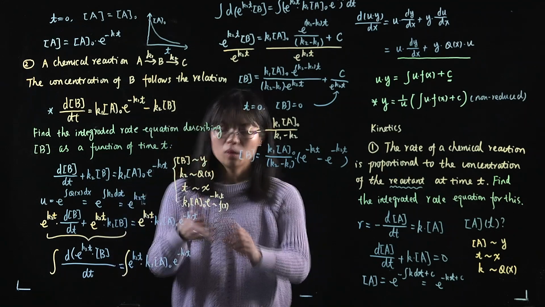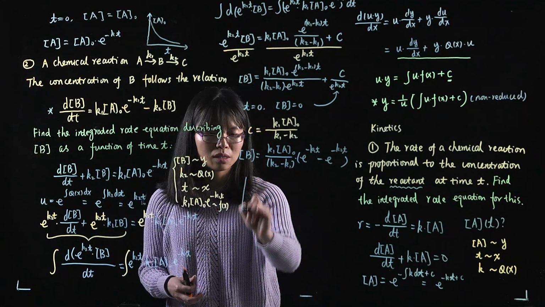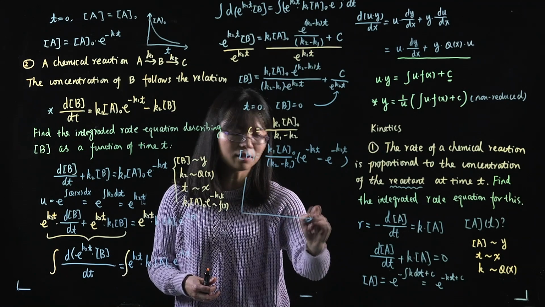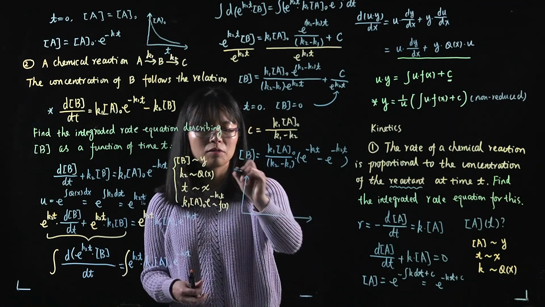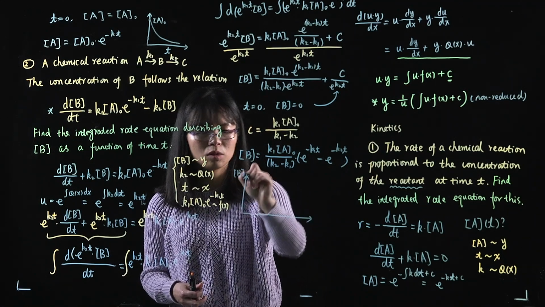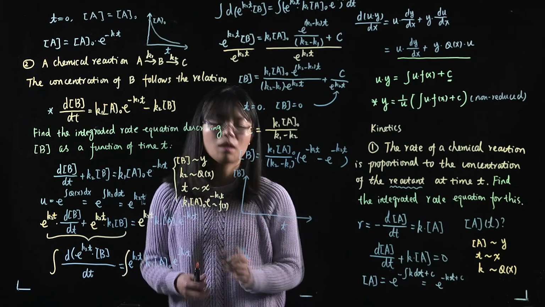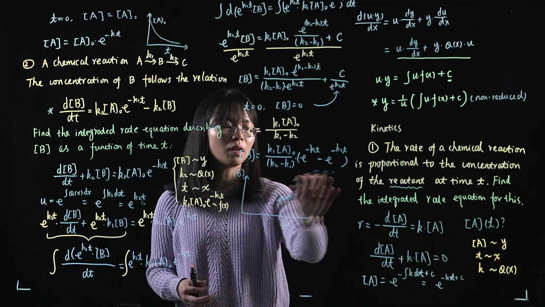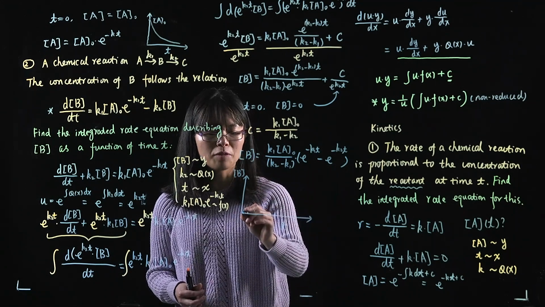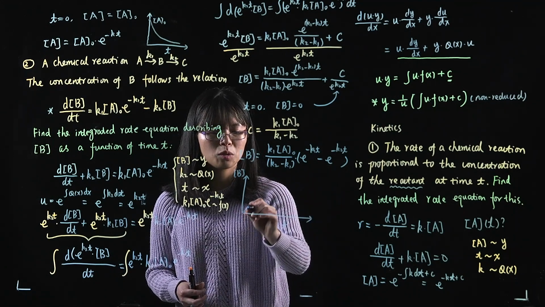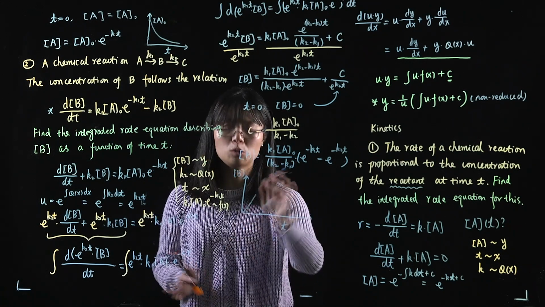To give you the chemical insight towards the plot of the concentration of B versus time t: we know that at the beginning, there's no B. If you follow the graph, you will find out the concentration of B should increase.